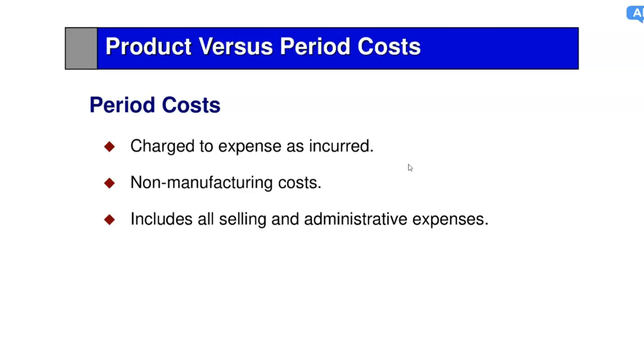So period costs are costs that will be charged as an expense in the income statement during the accounting period. These costs are referred to as non-manufacturing.